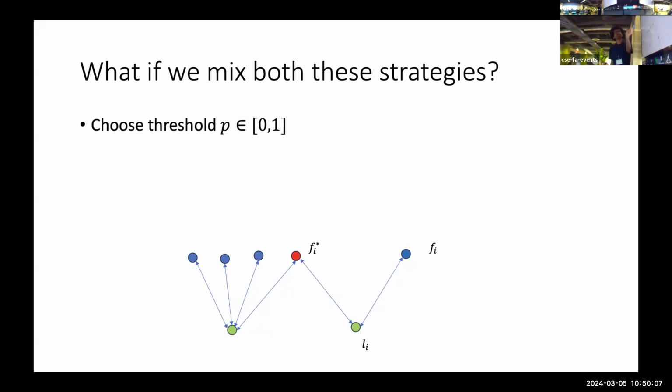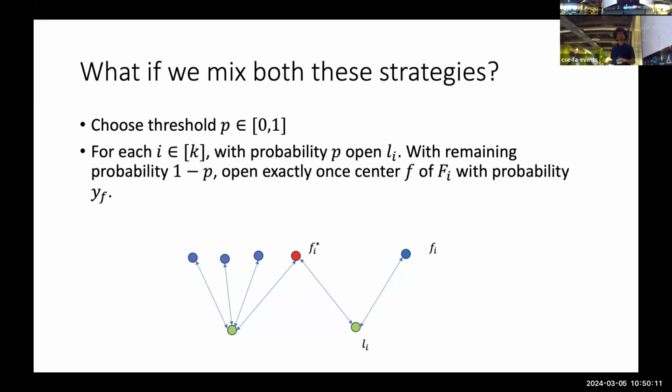Choose some threshold P, which is going to be some parameter. Then for each set, either I'm going to choose the leader Li, or I'm going to do what the previous algorithm is doing. So with probability P, I'm going to open the leader. And with probability 1 minus P, I'm going to open exactly one center F from Fi with the probabilities Phi.